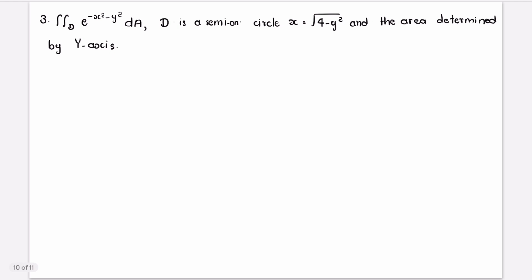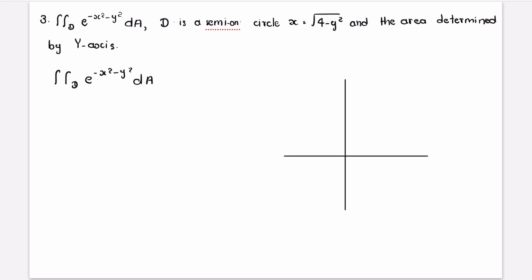Okay, let's move to another question. This time, D is a semicircle, x squared plus y squared equal to 4, and the area determined by the y-axis. So let's draw a graph to determine the range.